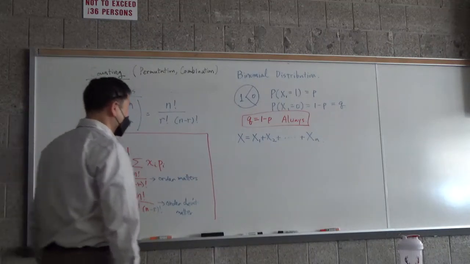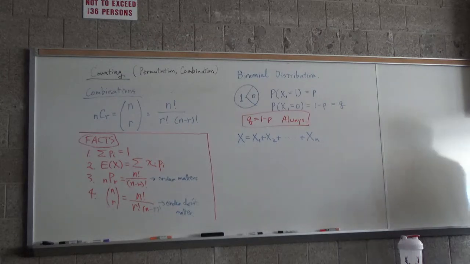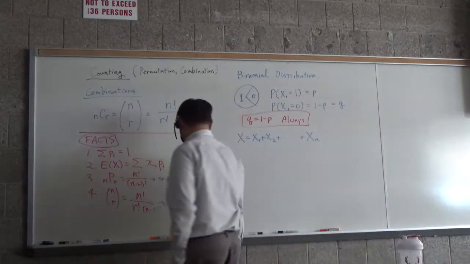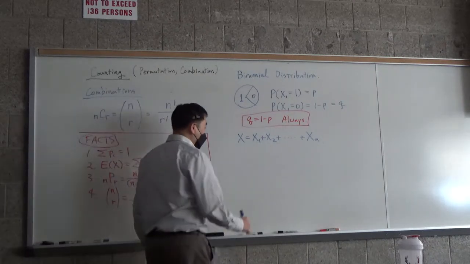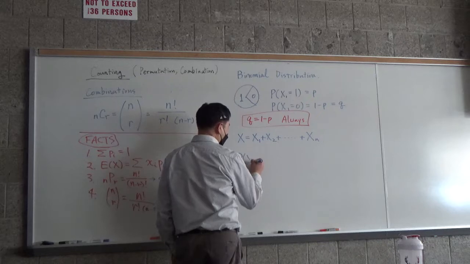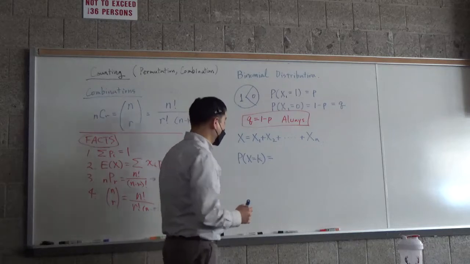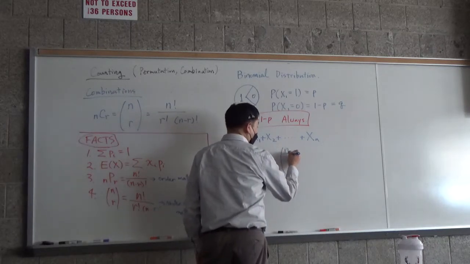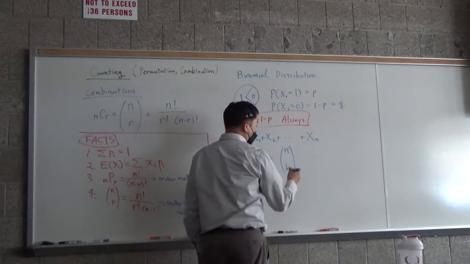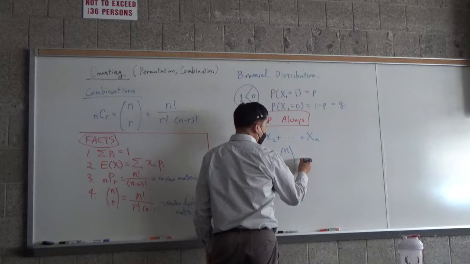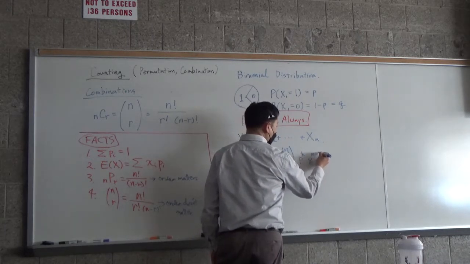If that's the case, then the probability of getting x equals k is given as n choose k times p to the kth power and q to the n minus kth power.